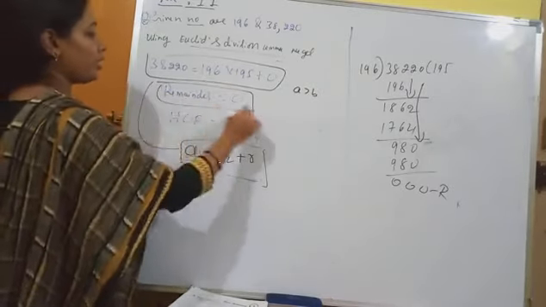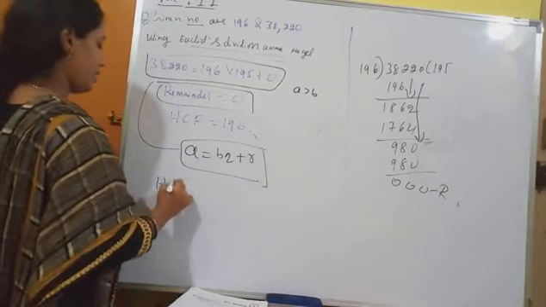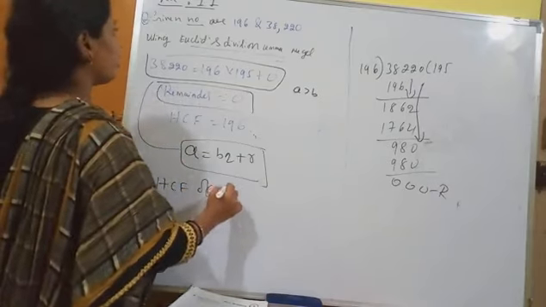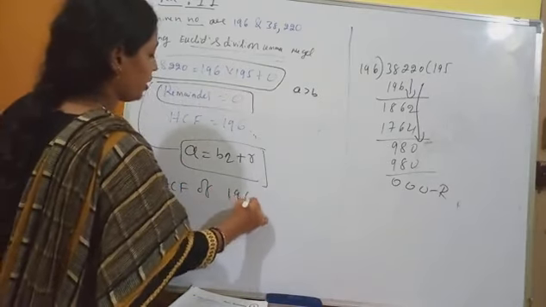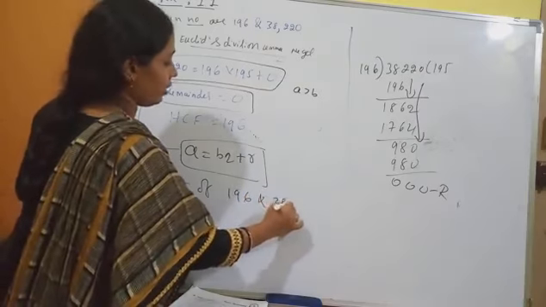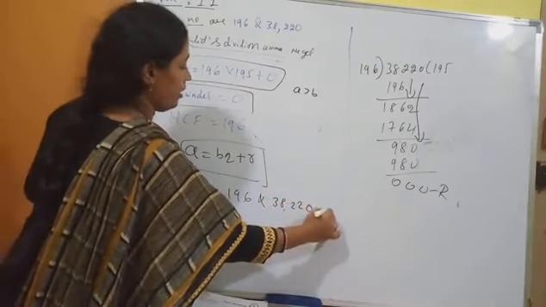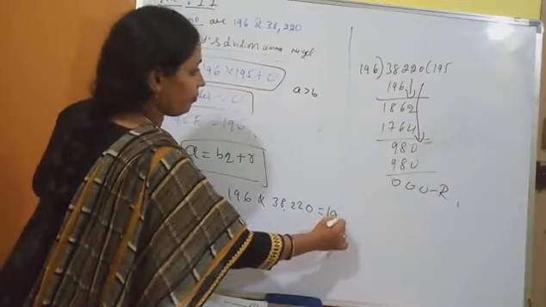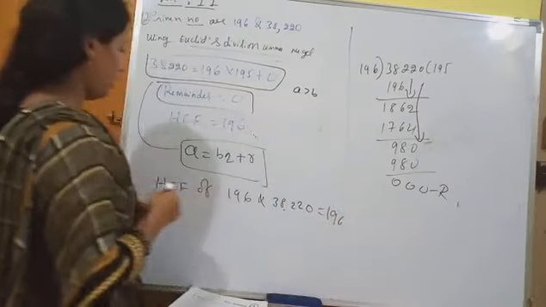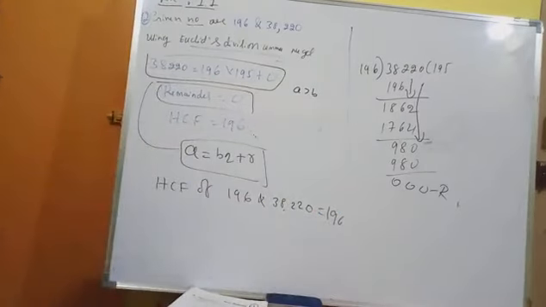Here the remainder is equal to 0. Then what is the HCF of the two numbers 196 and 38,220?